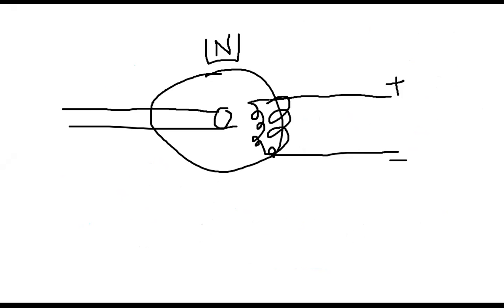Okay, so let me show the south pole. You see the picture is the same, because it is motor or generator, just the mode of operation. Now we are discussing the DC motor. In case of the DC motor, clearly you understand that initially the shaft is not rotating.